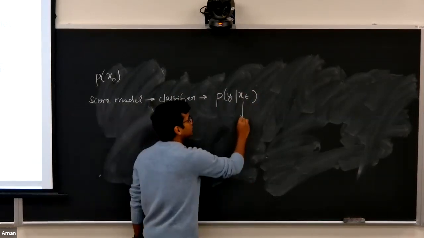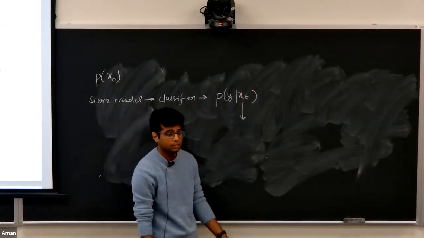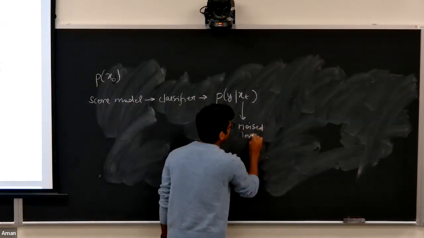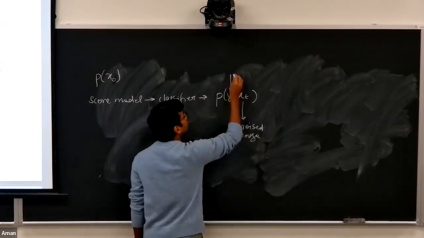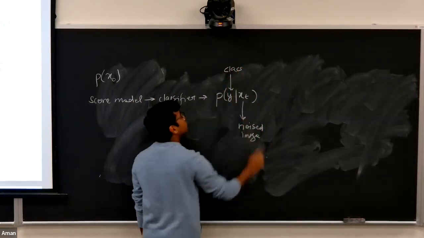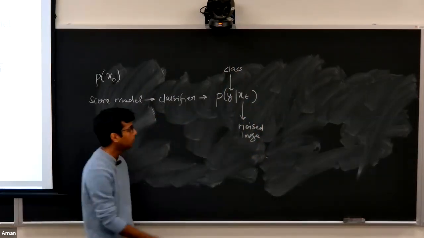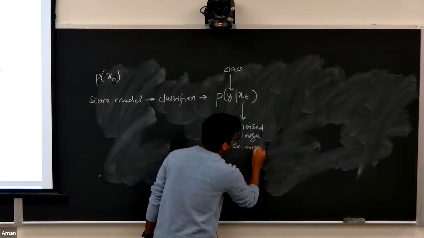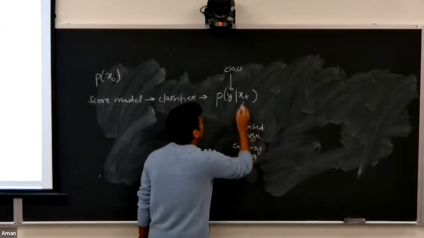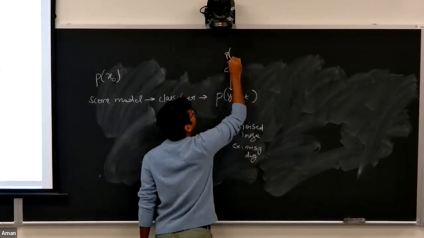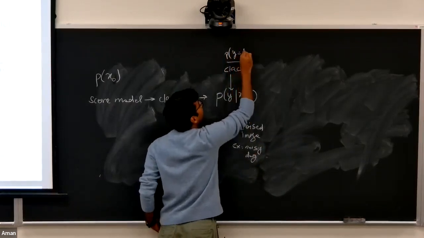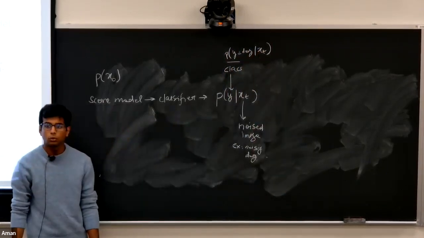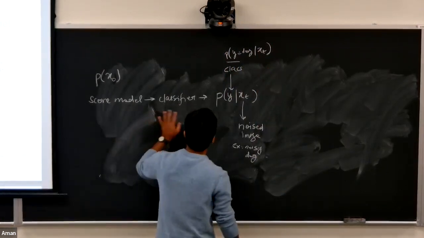It takes in an image at the time step t, which is a noised image, and it tries to predict the class of that image, right? So in our example, this will take a noisy dog and predict the probability of this image being a dog given xt, right?